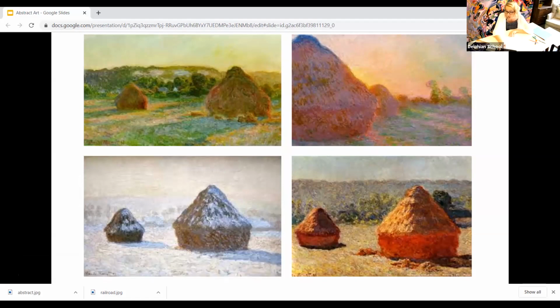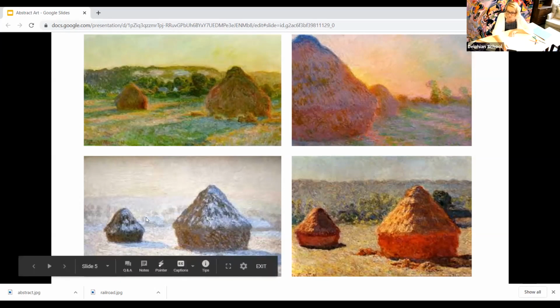He was 30 years old when he started painting, and at first they wouldn't let him into art school because they didn't think he was good enough. And so he just went to museums, and these are some paintings by Claude Monet of a study that he did on haystacks. These are some of the paintings that he really studied and practiced on.